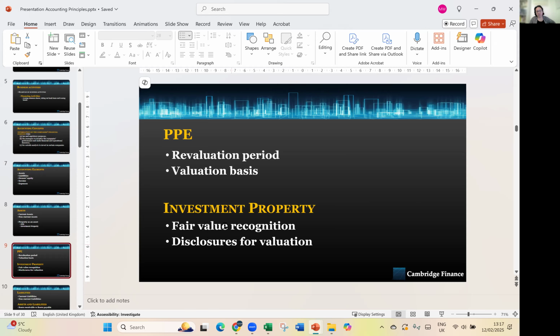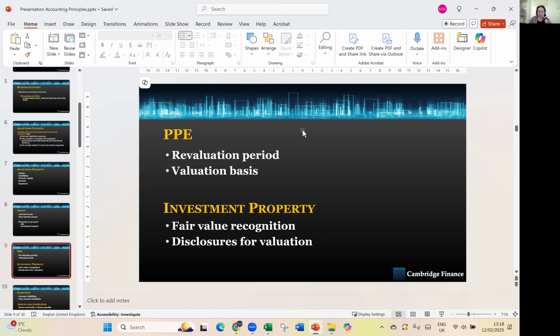So it's the fair value recognitions, and then you need to be aware of disclosures for valuation. This is pretty much the bureaucracy, I would say, of the valuation, because normally companies need to have revaluations depending on how big the company is, but like every quarter, for example, if it's listed on the stock exchange, or it can be every 1 or 2 years if it is private companies. Okay. So property really goes into the balance sheet.